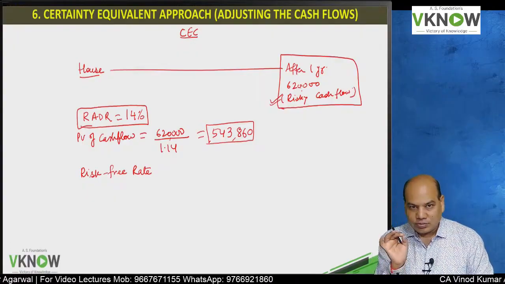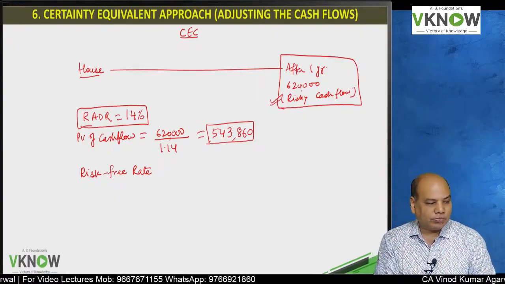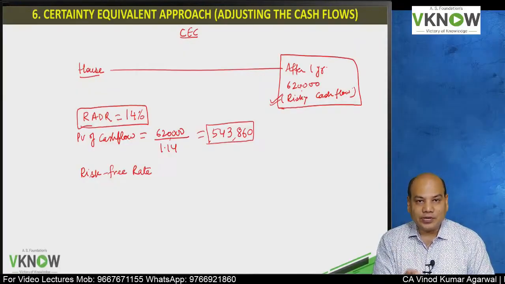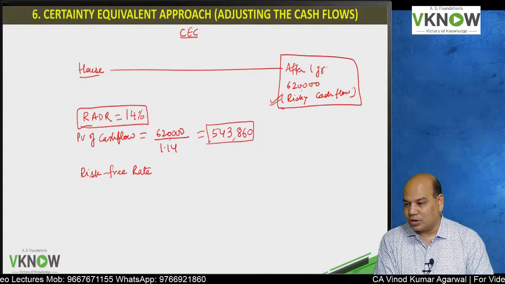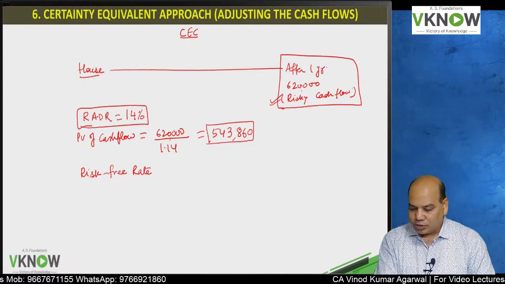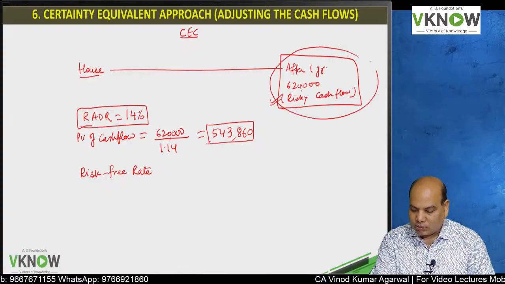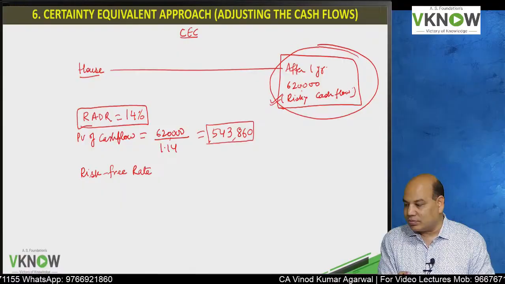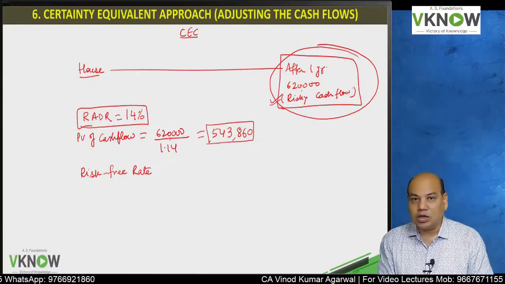Should I charge him 6,20,000, less than 6,20,000, or more than 6,20,000? If somebody is willing to give you an assurance about purchasing the house after 1 year, you are going to charge him less amount. But how much less amount?